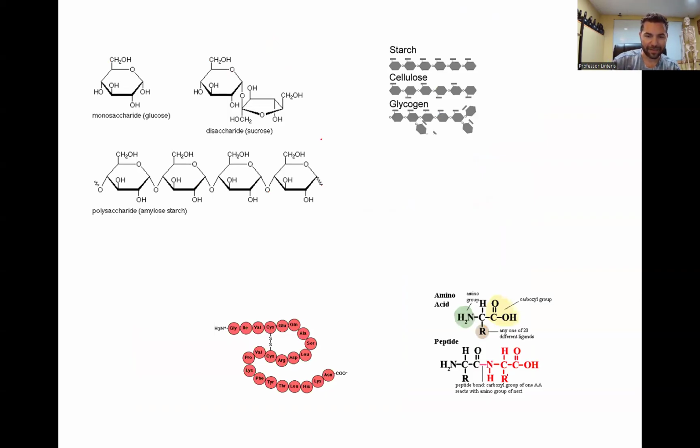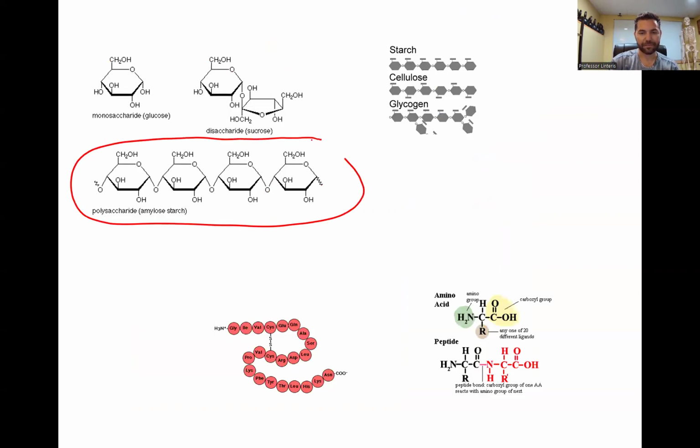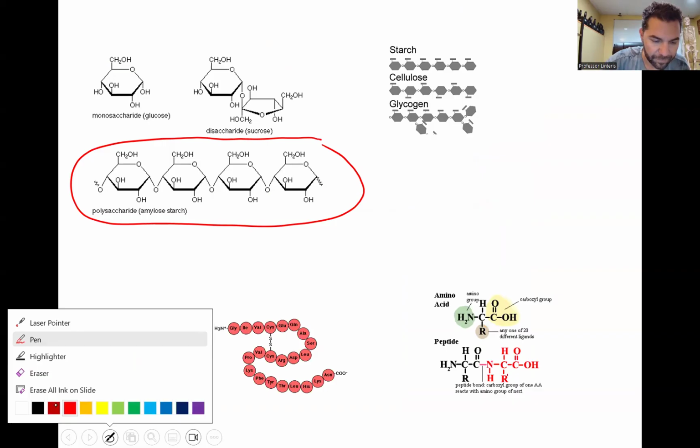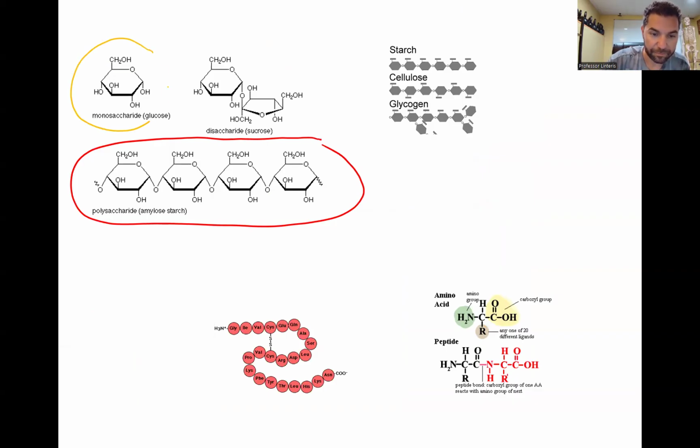And our complex carbohydrates look like this. Bigger. Obviously, this is only showing 4 sugars. So you should be able to recognize a sugar molecule, a disaccharide, and obviously a polysaccharide. That six-sided figure is glucose.